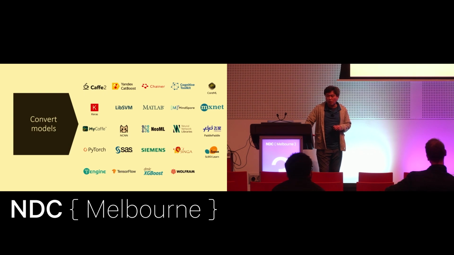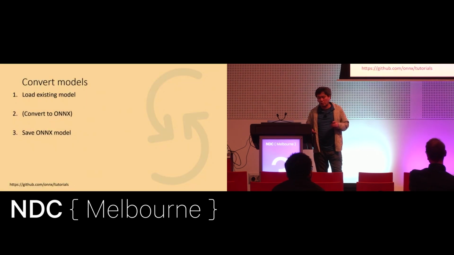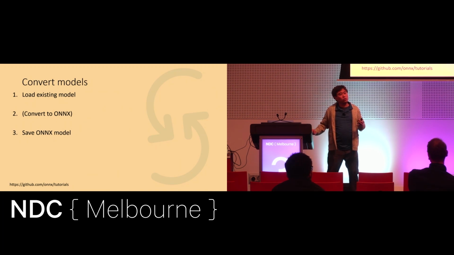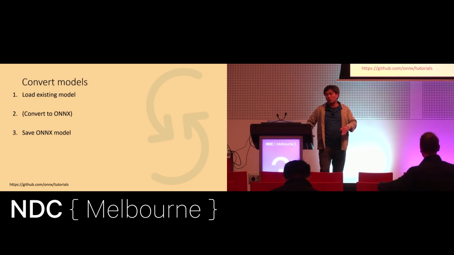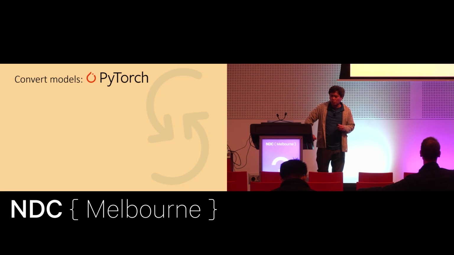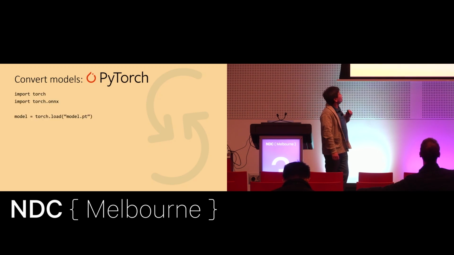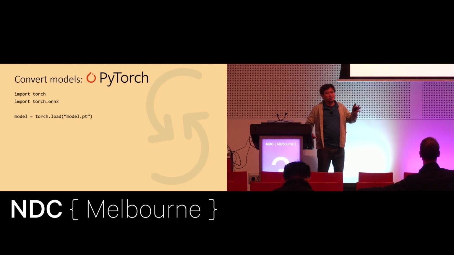Converting models is also another way. There's 3 steps involved in order to do this. You load an existing model, then convert it to ONNX, then save that ONNX model, okay? So PyTorch, it looks something like this. This is the simplest one I can find, and if you're not a Python developer, that's fine.